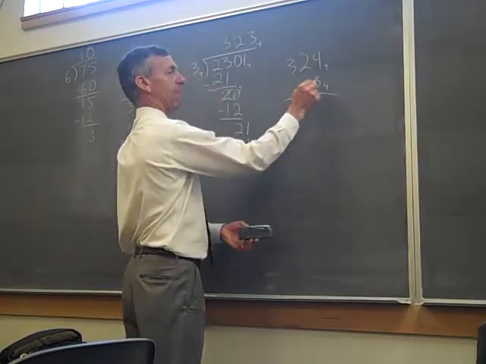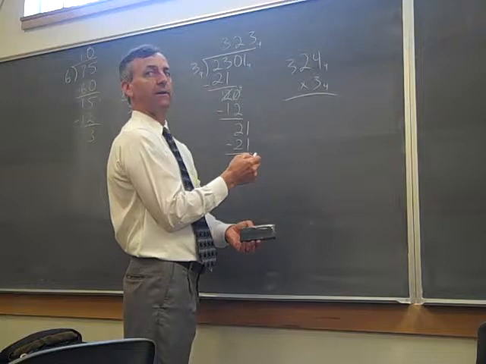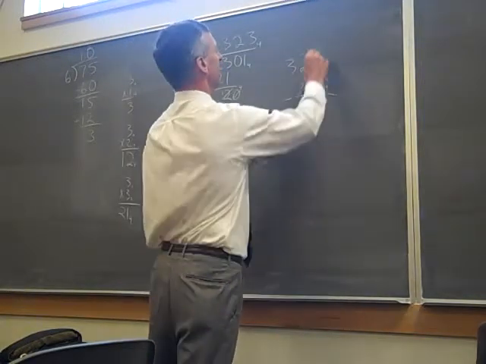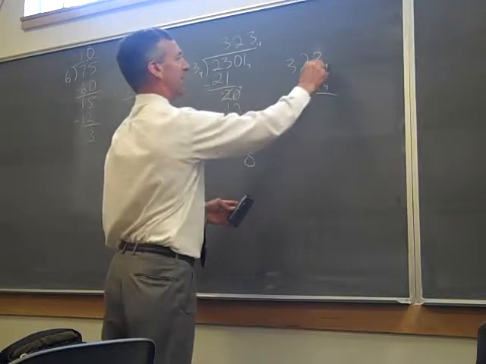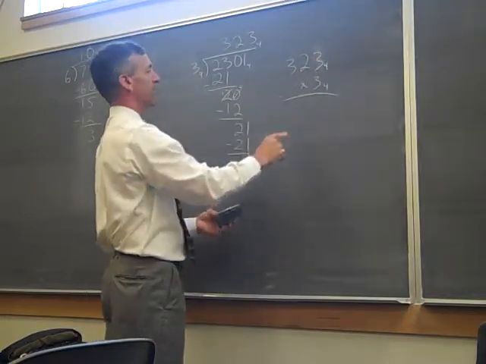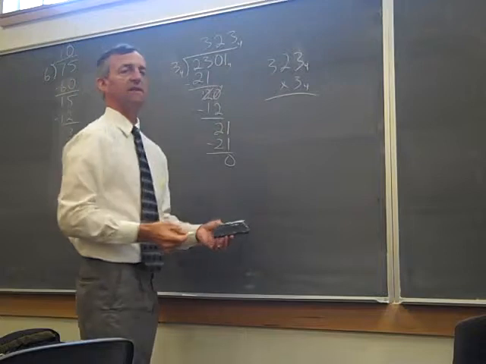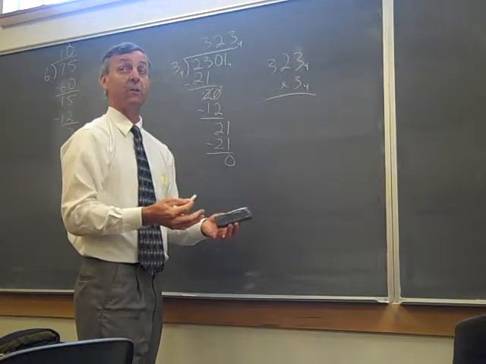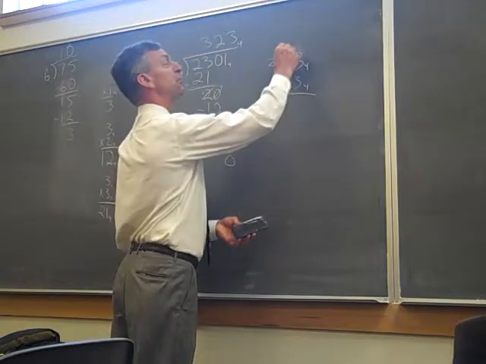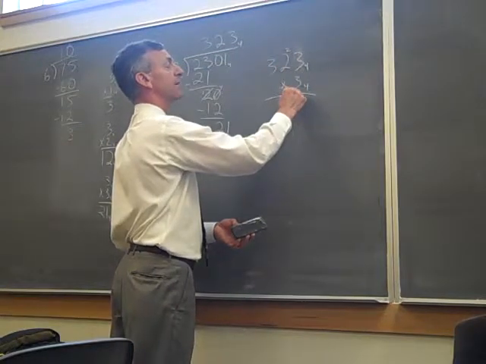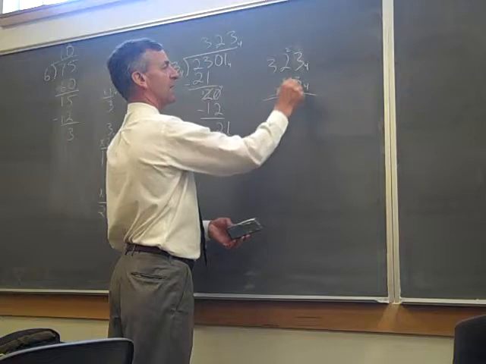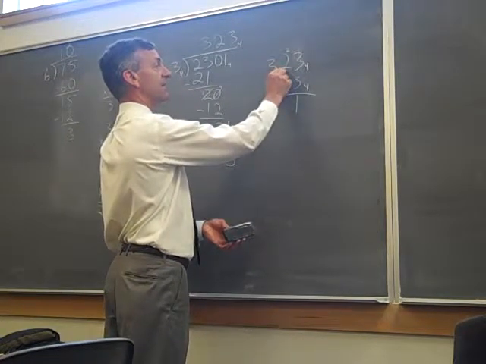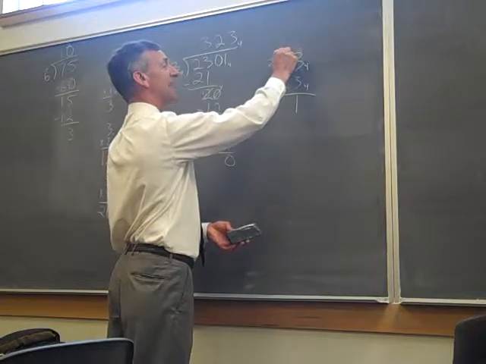Let's try it. 3 times 4 is? Is it supposed to be 4 or is it supposed to be 3? What was I thinking? I miscopied that, thinking base 4 and wrote 4. Thank you. 3 times 3 is 9, which is 2 groups of 4 with 1 left over. 2 times 3 is 6, plus 2 is 8.